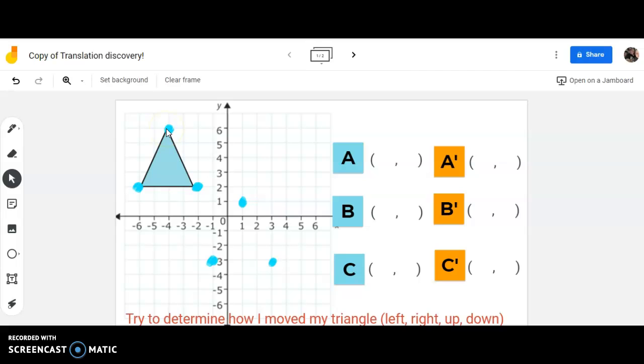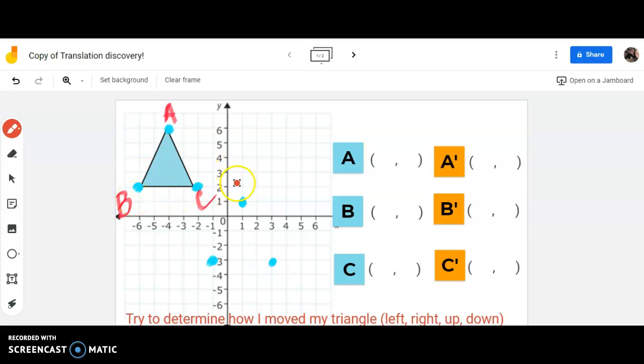So we had to label first. We had to label what we wanted to call each of these. So A, B, C. Notice how we are no longer labeling the sides. Now we're labeling the points, the vertices, right? The corners of the triangle, right?